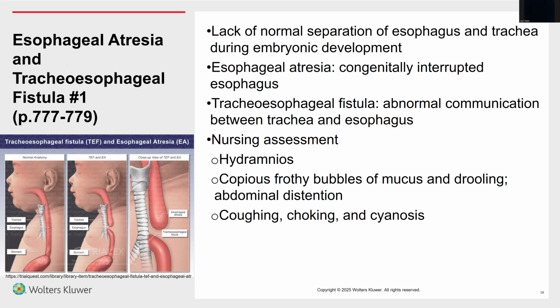Esophageal atresia and tracheoesophageal fistula. So there is a lack of normal separation of the esophagus and trachea during embryonic development. Esophageal atresia is a congenitally interrupted esophagus. It's going to end up being like a blind pouch. A tracheoesophageal fistula is an abnormal communication between the trachea and the esophagus.